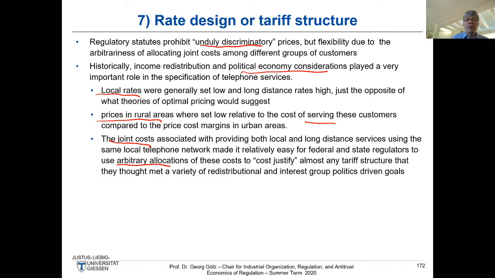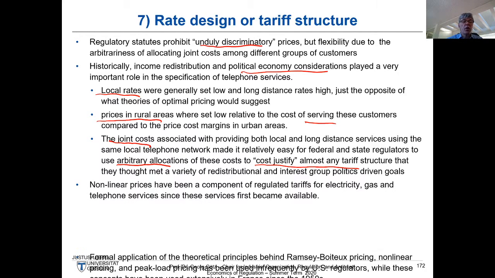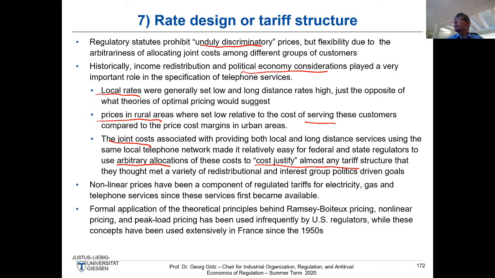And you can justify almost any tariff structure, and that's really interesting, what Götz states here. Nonlinear prices, I mentioned that previously, have been common in telecoms and also in electricity. You pay a fixed monthly fee and then a per unit charge.